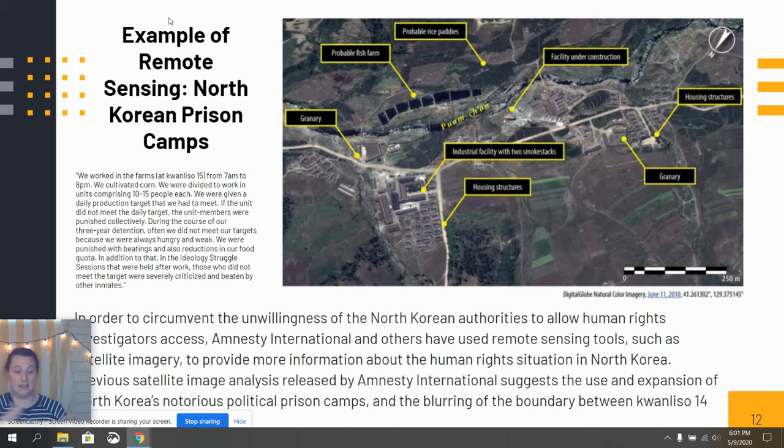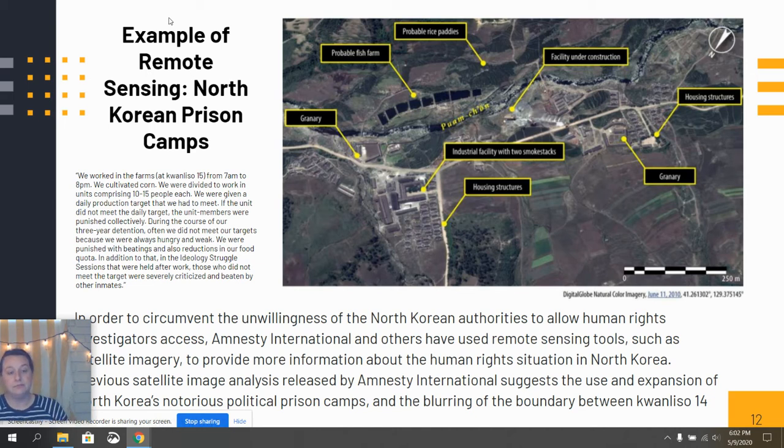North Korea is basically blocked off to everybody in the world. So instead of actually going there on foot to monitor human rights abuses and the way that these citizens are being treated, Amnesty International used remote sensing, this satellite imagery, to look at these political prison camps, these concentration camps in North Korea.